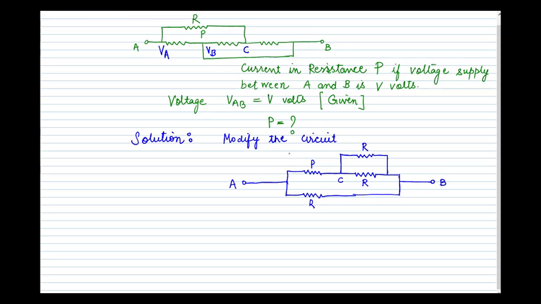And this is P, which is connected with them in parallel. These are the two resistors R and R, because this resistance is R, and this resistance is R, and this resistance is also R. Right? That is given to us that these are the three resistances R.